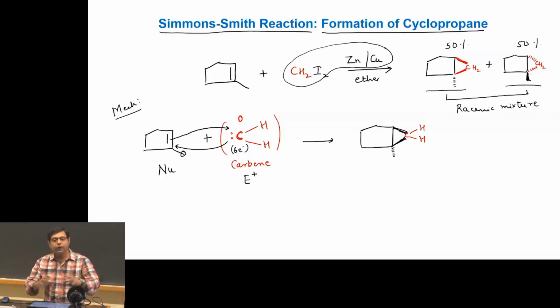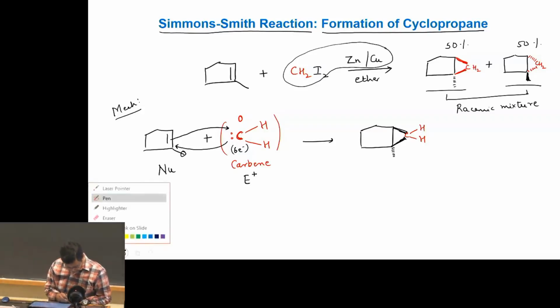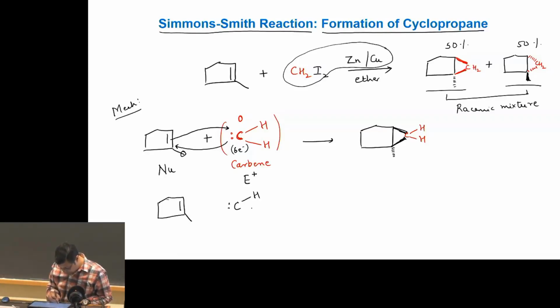So let me break down this mechanism and show you stepwise. Please remember, it's not occurring stepwise. I'm just breaking it down for you to simplify the mechanism, right? This is the carbene carbon. So draw the arrow from the nucleophile to the electrophile. So as a result of that, you're going to form this.